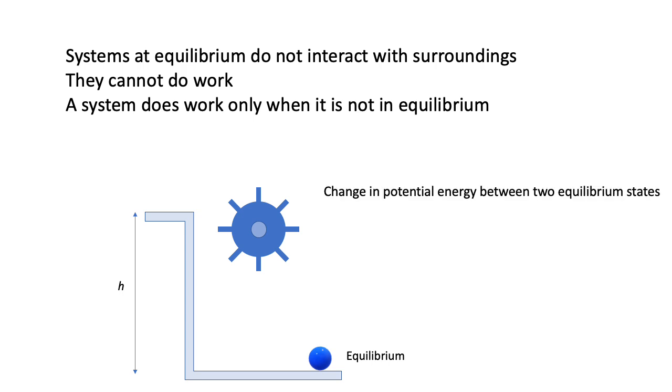If we want to calculate the change in potential energy between the initial and the final equilibrium state, that is given by mgh. And this, therefore, sets an upper limit on the maximum amount of work that can be done by the system, which is mgh.